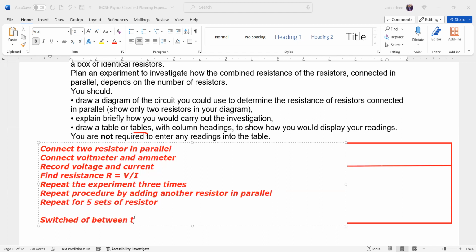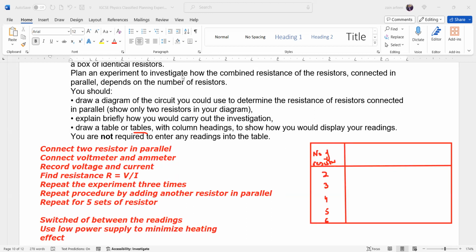So switch off between the readings, or use a low voltage power supply to minimize the heating effect. This is a common thing you should have for electrical circuits.